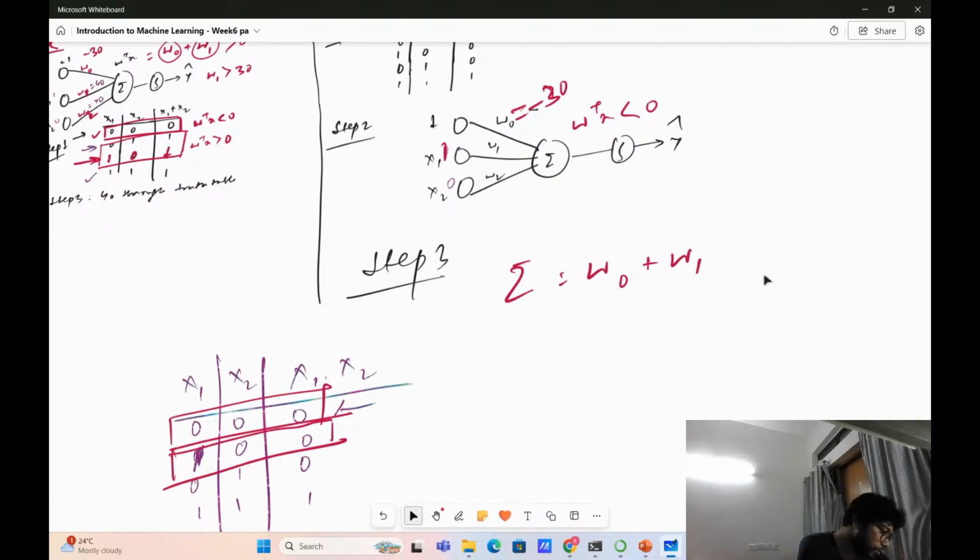So what we do is we choose W1 as some negative value, let's say minus 20, right? Sorry, wait a minute. The summation has to be negative. W naught plus W1 has to be negative, right? Doesn't mean that W1 has to be negative.